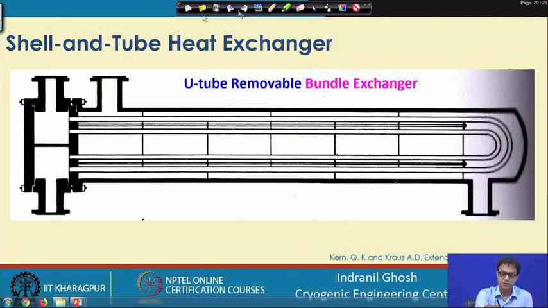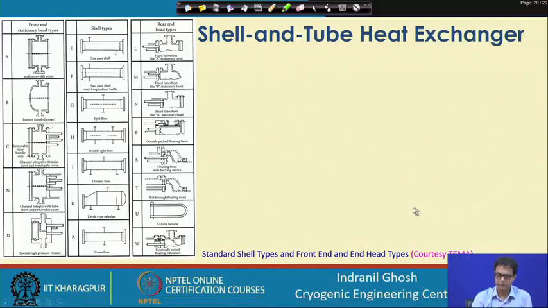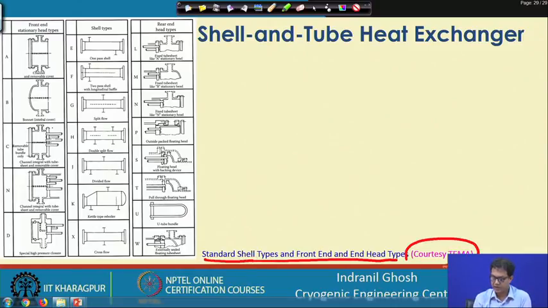Now, if we go to the other type, you will find the standard shell and the front end head types, which are already specified, as I have told, by the Tubular Exchanger Manufacturers Association, or TEMA.